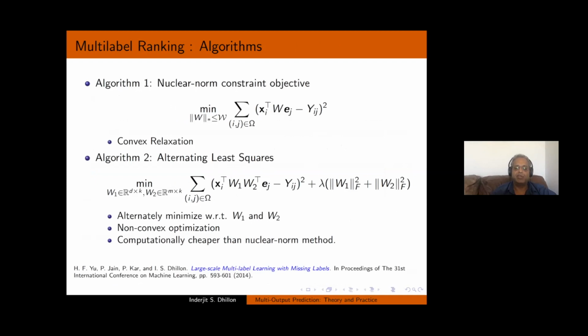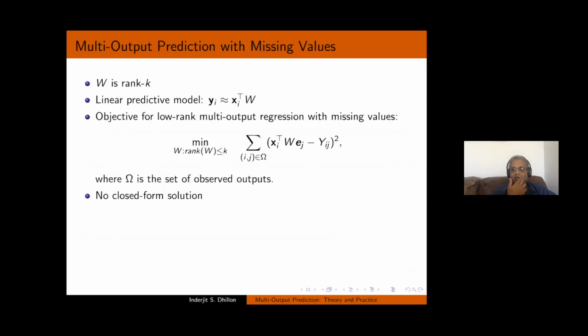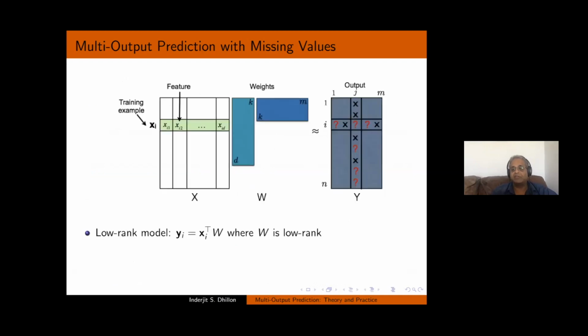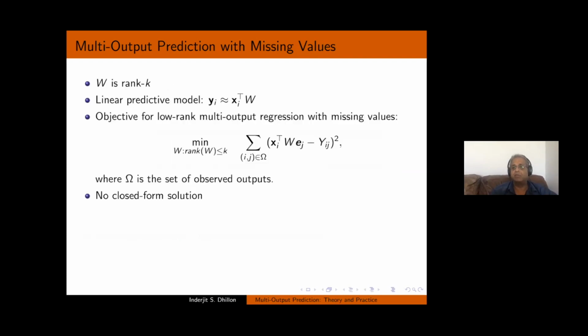And this has, as I will very quickly point out, relationships to the matrix completion problem, but this problem is in an inductive setting, right? That we may want to be able to predict for a new input. Whereas matrix completion is the problem of predicting for existing rows and columns of the matrix.